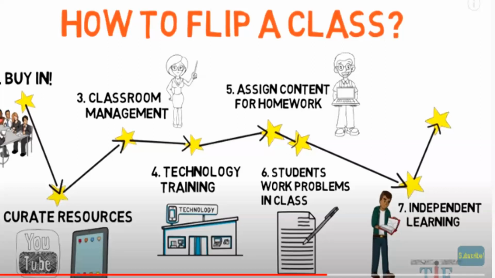Now, the fifth thing is for you to assign the content for homework when you have all these skills and you've set your rubrics, and then the students can now work the problems in the class. So imagine a flipped classroom, like I just gave an example about Romeo and Juliet. Your class will now be more of a discussion-based class than just you standing in front and dishing out all the information. Because the students have gotten a preconceived knowledge that you have sent to them, okay?